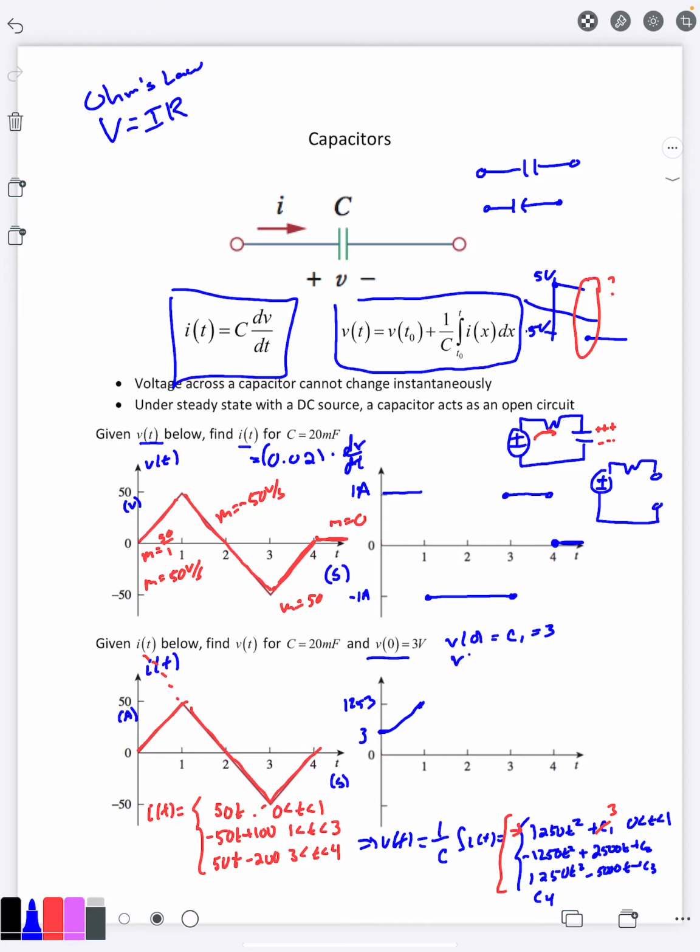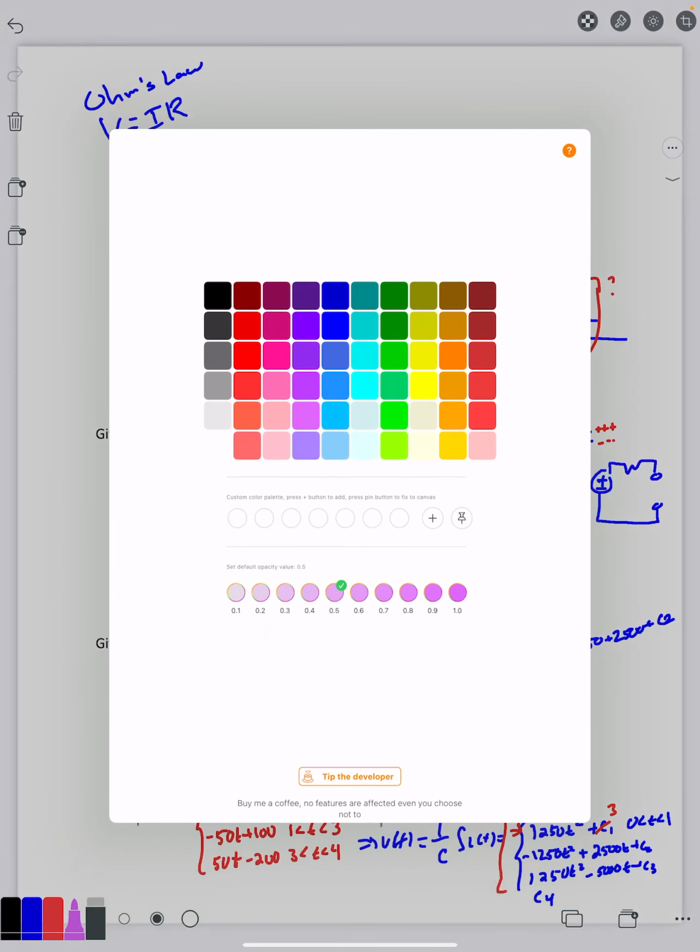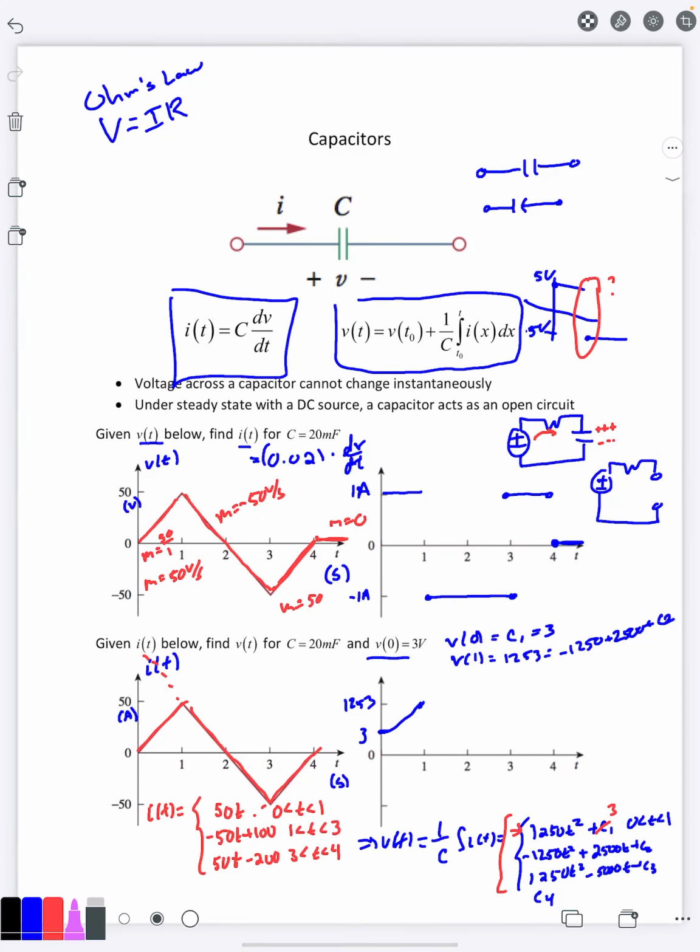So V of 1 is supposed to be 1253, but it's also negative 1250 plus 2500 plus C2. Again, just using this one right here now. And so that gives me a C2 that is also 3. Continuing on, so it's going to be a parabola going downwards here. And down until we get to 3.